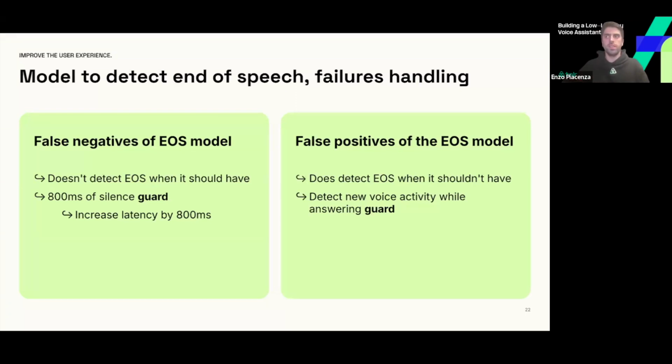So we have this capability: if the user speaks again, we can erase what we were doing and start a new process. This allows us to handle the false positive as well.